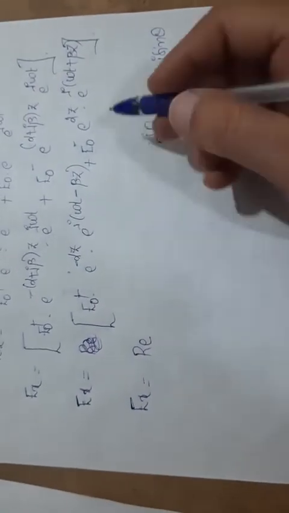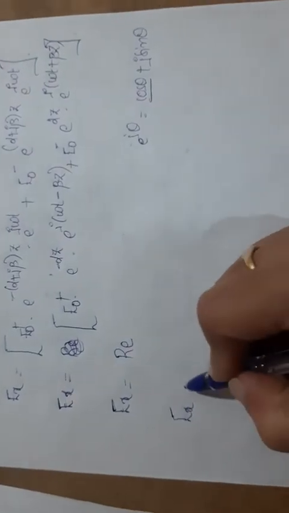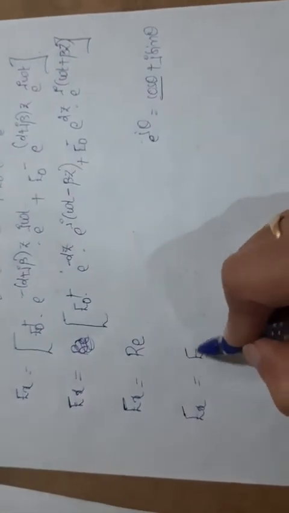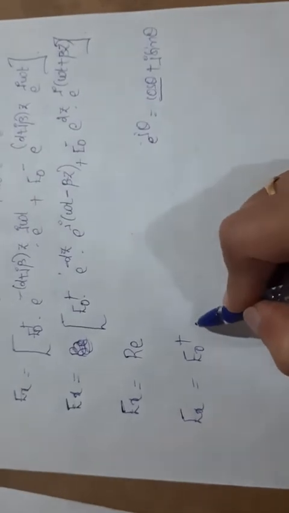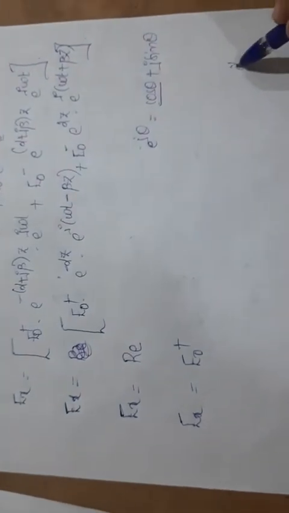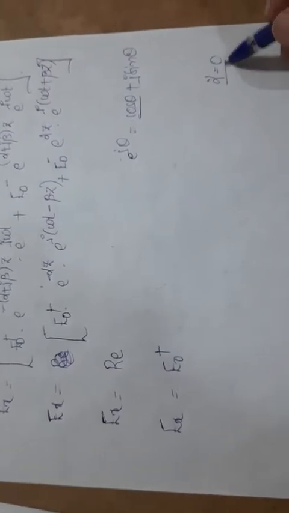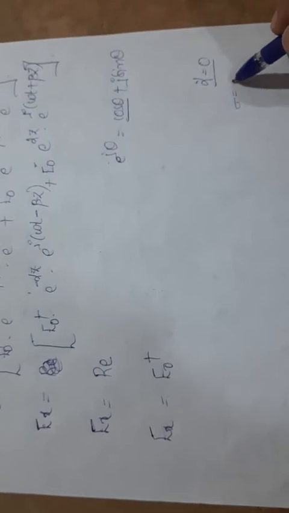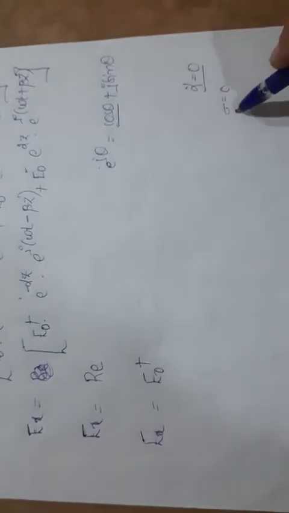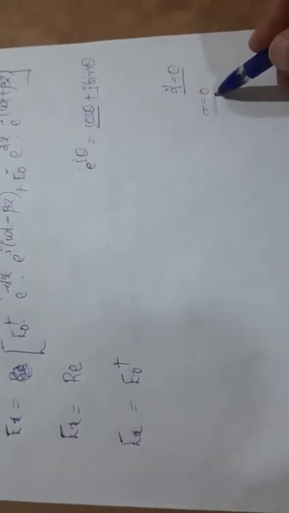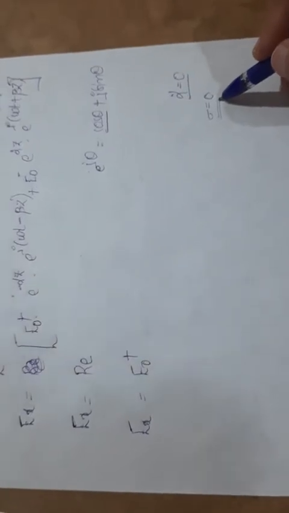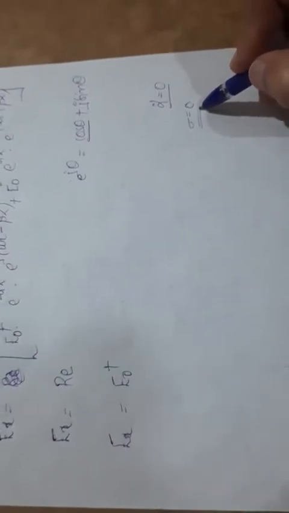The real part of this equation will become Ex is equal to E naught plus, and we know that alpha is equal to 0. How is alpha 0? Because sigma is equal to 0. For free space, conductivity is 0, and gamma is the propagation constant.